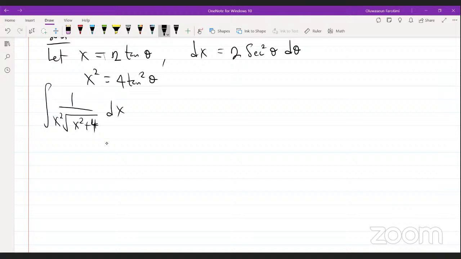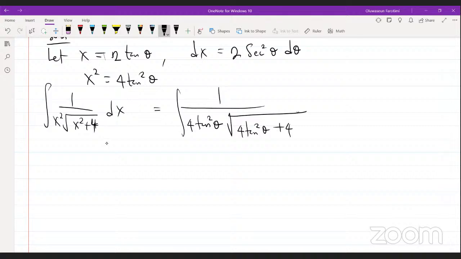Let's plug things in. I have 1 over, what is x squared? 4 tan squared of theta. I have a square root of 4 tan squared of theta plus 4. What is dx? Dx is 2 secant squared of theta d theta.